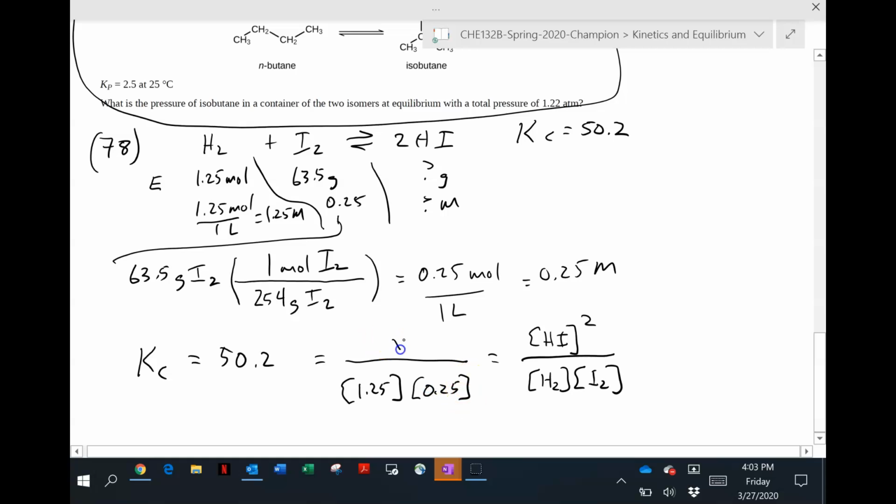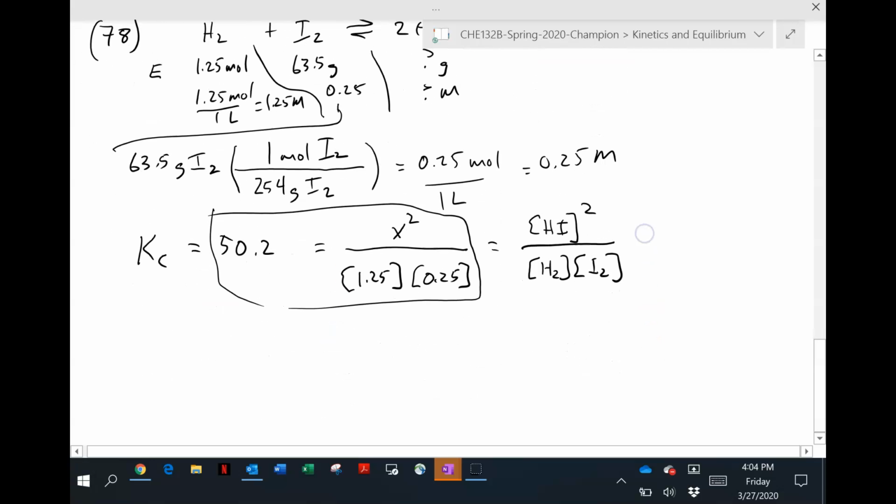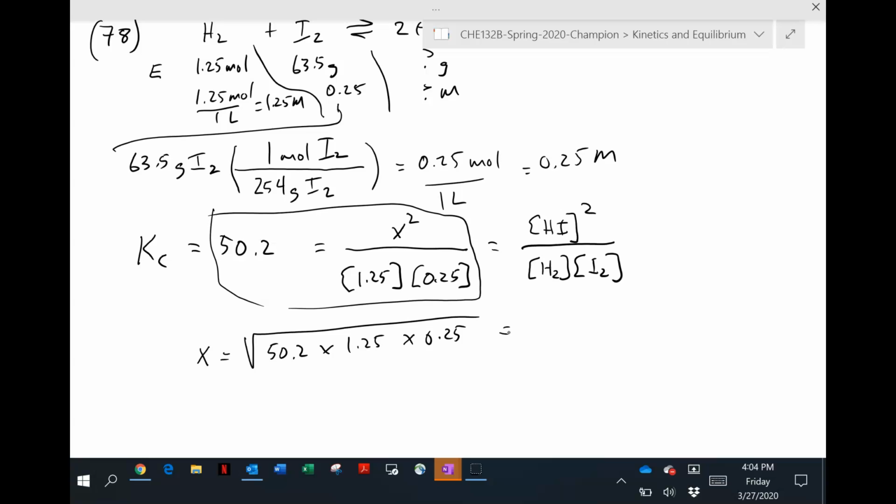And we don't know what HI squared is, so we'll just call that x squared. So this becomes our little algebra problem, and of course that's quite straightforward. X squared, or x, is going to be the square root of 50.2 times 1.25 times 0.25. So 50.2.